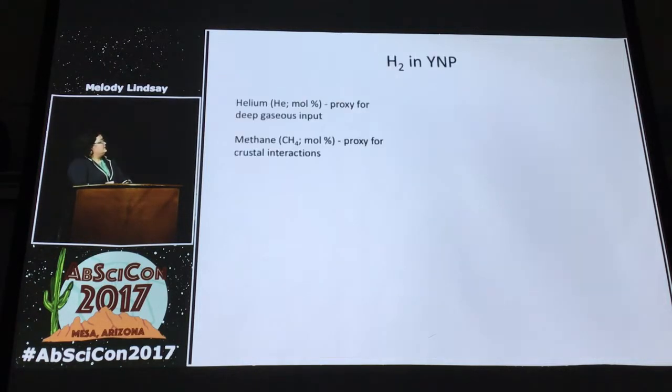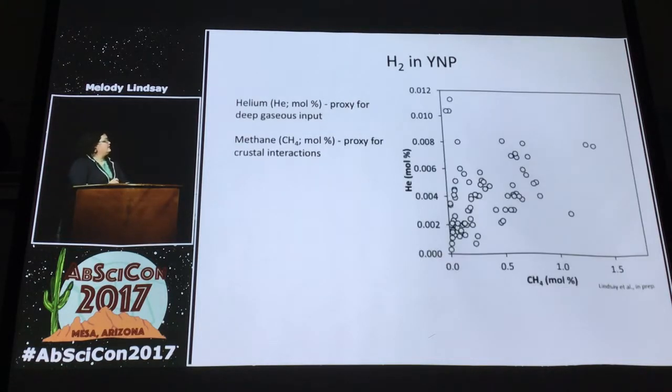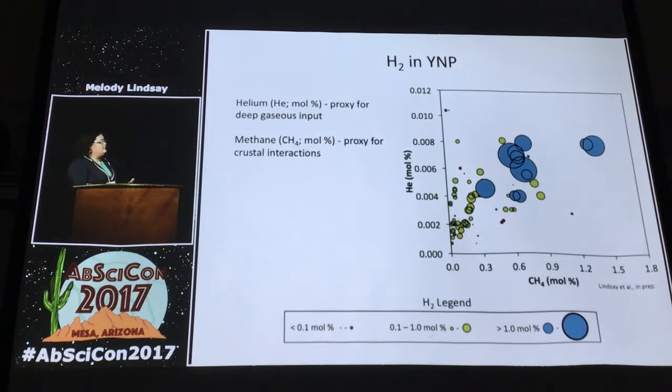And so, taking it out of the theoretical and into the real world of Yellowstone National Park, I've plotted here several hundred different springs according to their helium mole percent concentrations and their methane mole percent concentrations. And remember, we're going to use helium as a proxy for the deep gaseous input and methane as a proxy for crustal interactions. This plot looks especially interesting when I overlay hydrogen concentrations according to the sizes of these bubbles.